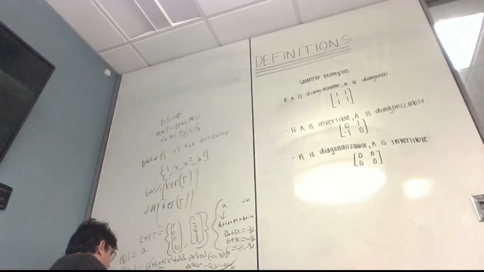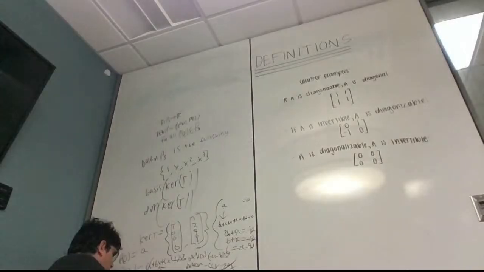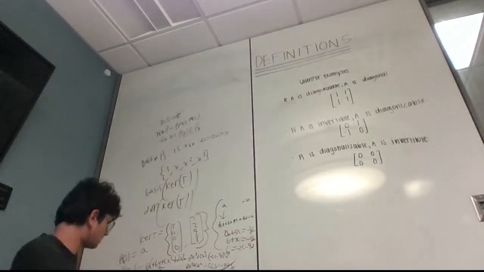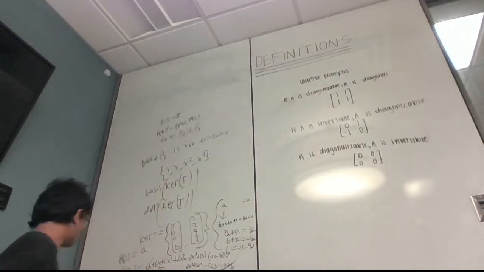So basis curve of T just equals this, right? So now that we have that, what is our dimension of curve T?